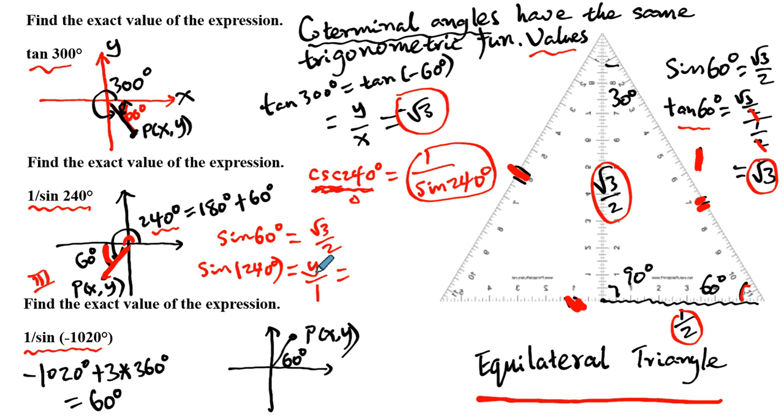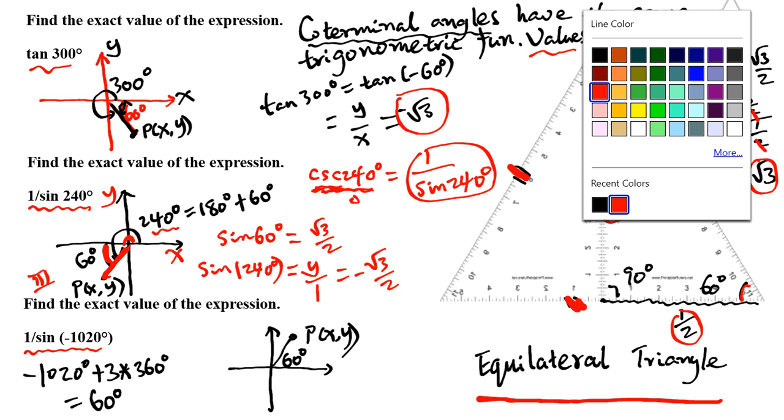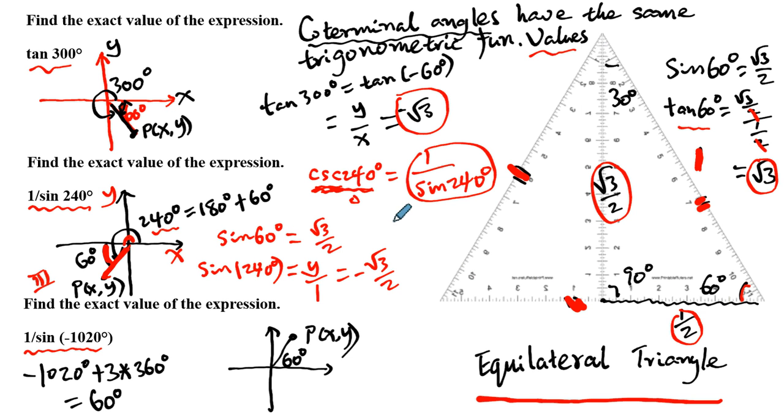But y in this case is below the x-axis, which is why it is negative. Then you need the reciprocal, so you flip it, and you will have negative 2 over radical 3.